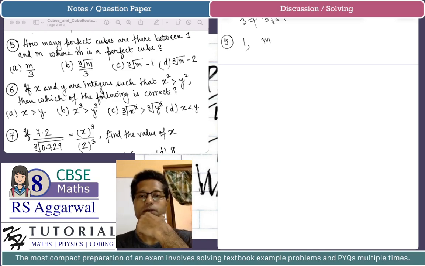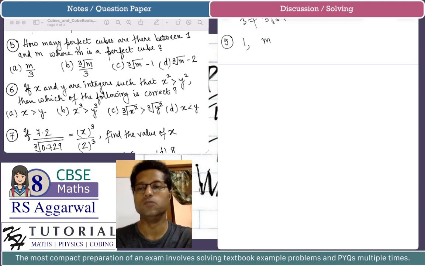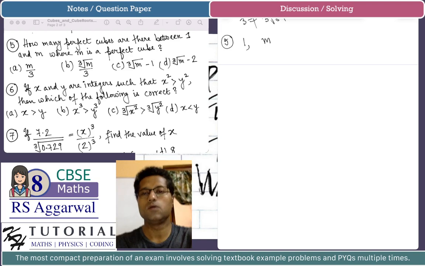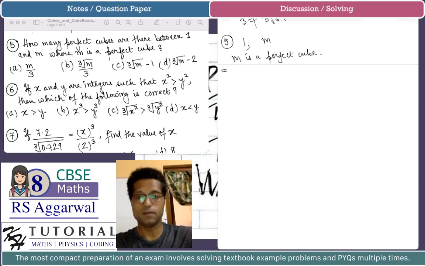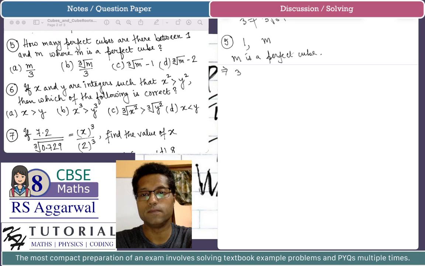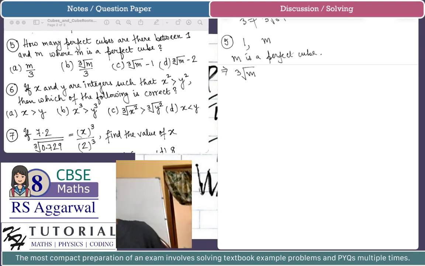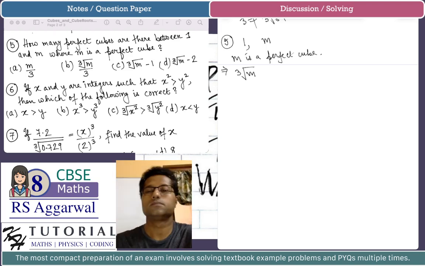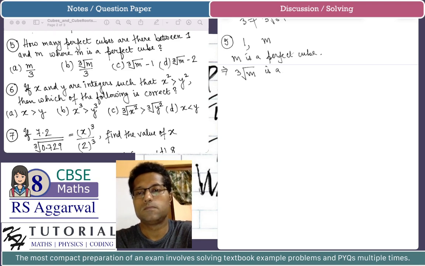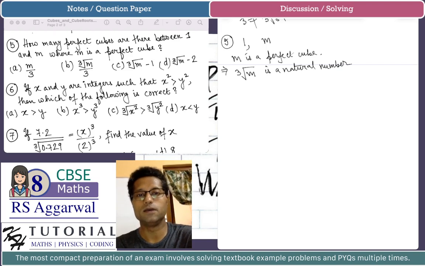Now m is a perfect cube, which will imply the cube root of m is a natural number.